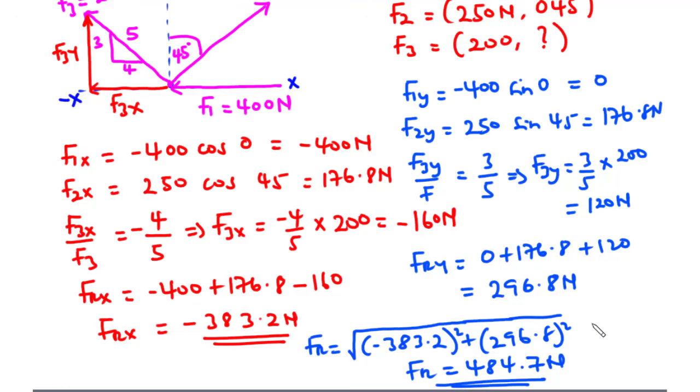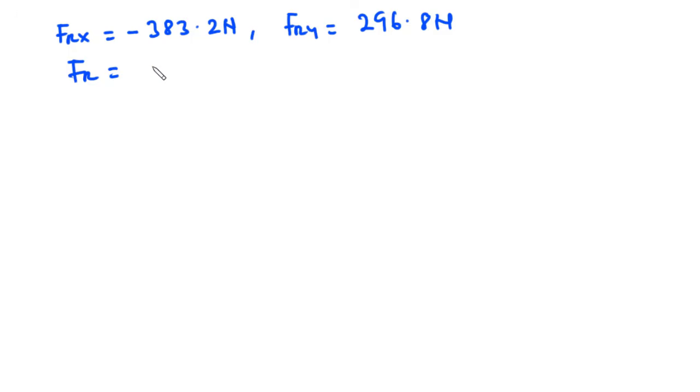Now let's find the angle the resultant force Fr makes with the positive x-axis. So we had Frx to be negative 383.2 newtons, and then we had Fry to be 296.8 newtons, and then the resultant force was 484.7 newtons. So let's represent this on a graph.